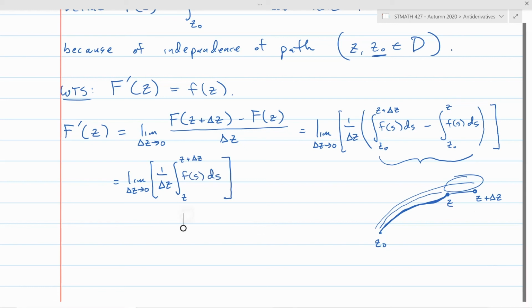So what we want to show is that this limit equals f of Z. To show that, I need to show that the difference between the thing we're taking the limit of and f of Z gets arbitrarily small.